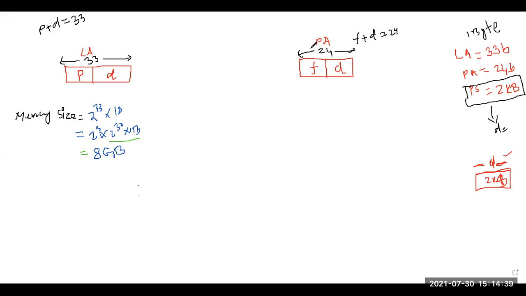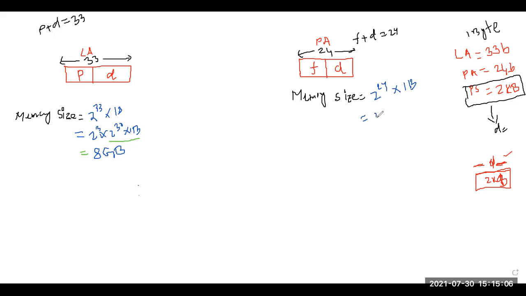Similarly, if the physical address is 24 bits, then what will be the memory size that is supported? 16 MB. It is very simple. It will be 2 to the power of 24, byte divisible, so 1 byte.